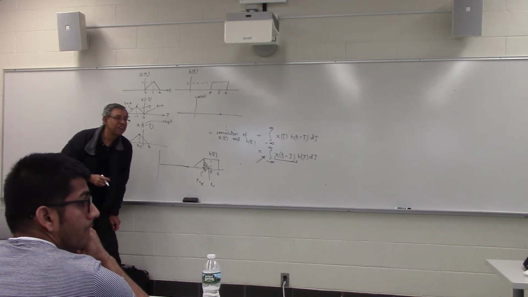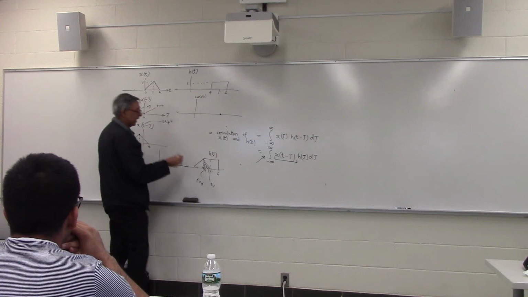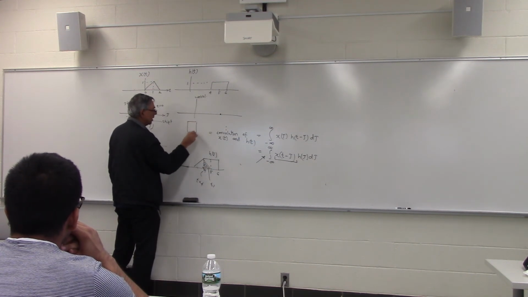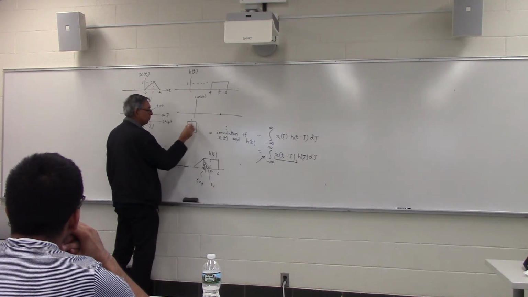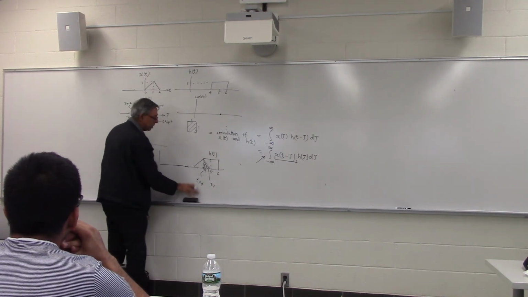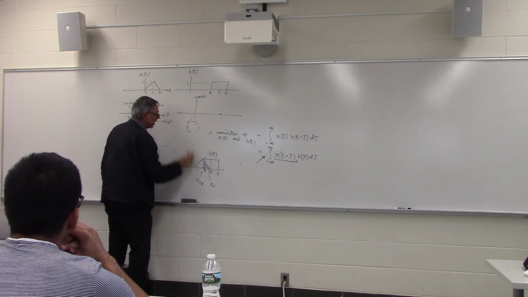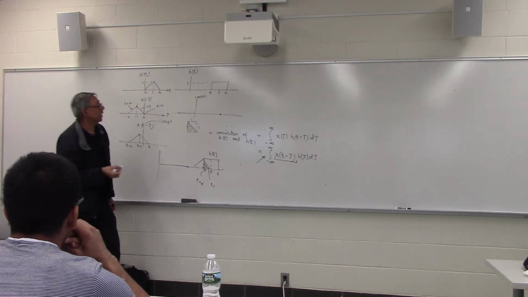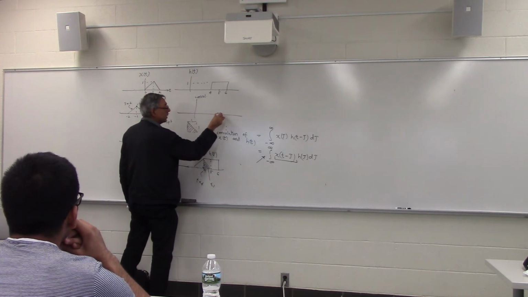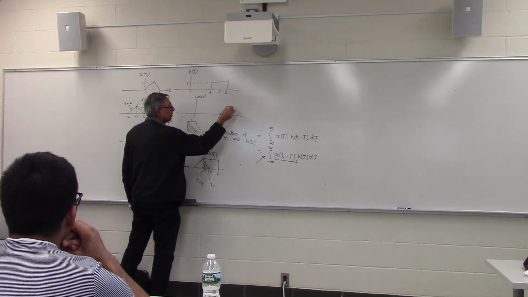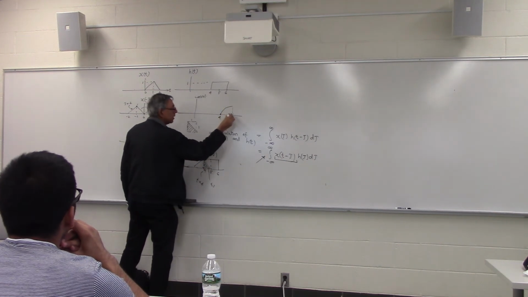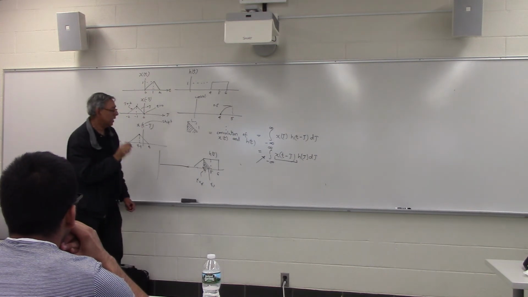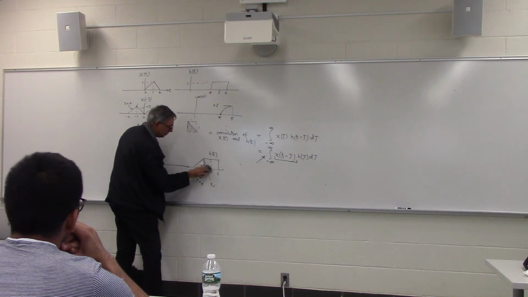How much is from here to here? One. So if this is 1, this is 1, what will be this total area? 1. Good. So as you can see, at t equal to 4, it started to increase. At t equal to 5, it became 0.5. Everybody agrees? Yes. Okay. Now let's go further.